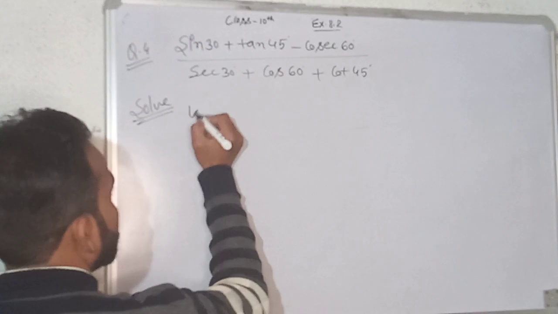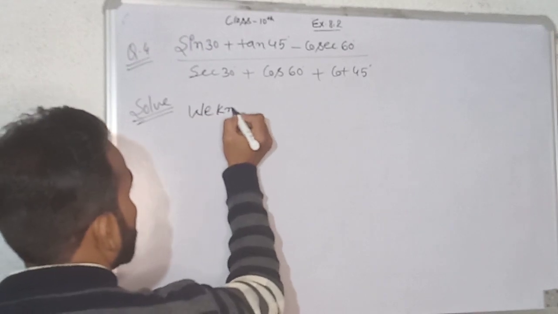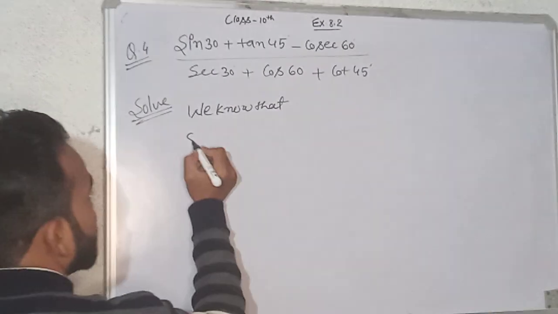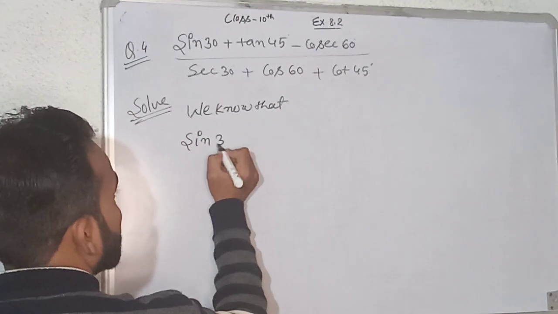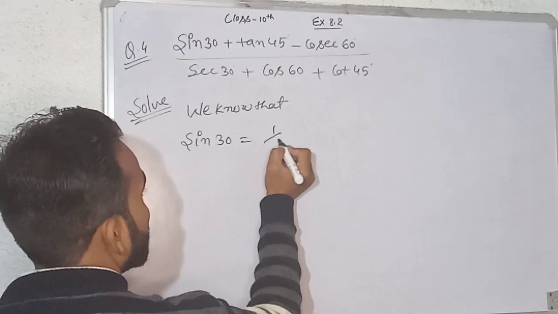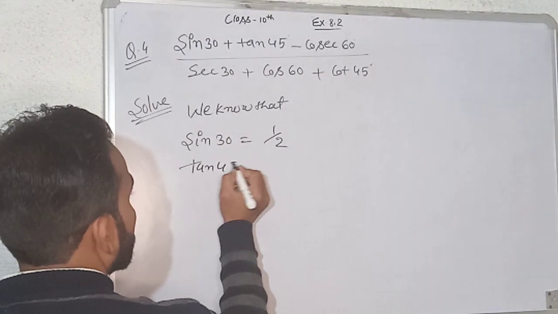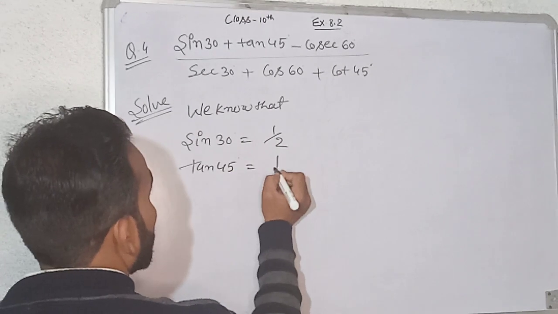We know that the value of sin 30 is equal to 1 by 2 and tan 45 is equal to 1.